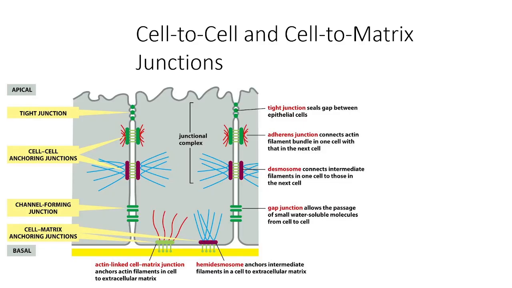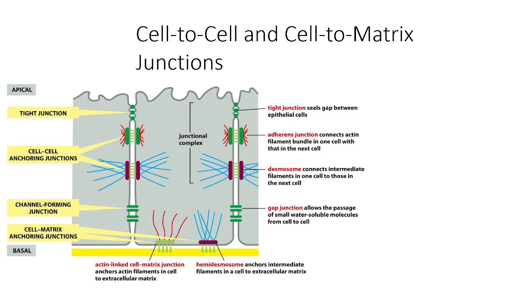You have actin-linked cell-matrix junctions that anchor the actin filaments in a cell to the extracellular matrix, and the hemidesmosomes, which anchor the intermediate filaments in a cell to the extracellular matrix. So the actin-linked cell-matrix junctions and the hemidesmosomes are among the cell-matrix anchoring junctions. You have the channel-forming junction, the gap junctions.